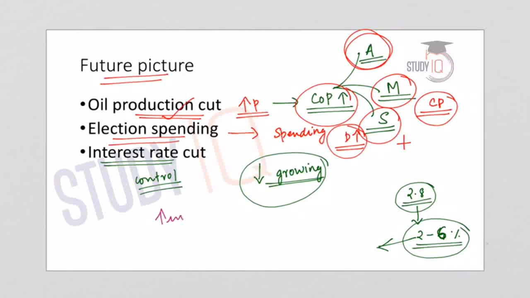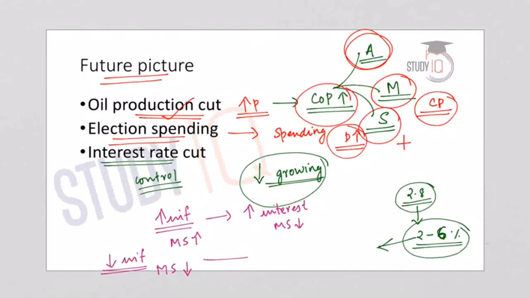When there is a high rate of inflation, it means that there is more money supply in the economy. Therefore, there will be a rise in the interest rate in order to bring down the money supply. Exactly the opposite happens when inflation levels are less. When inflation levels are less, it means there is lesser money supply, and the RBI or the Monetary Policy Committee will try to increase the money supply by reducing the interest rates.